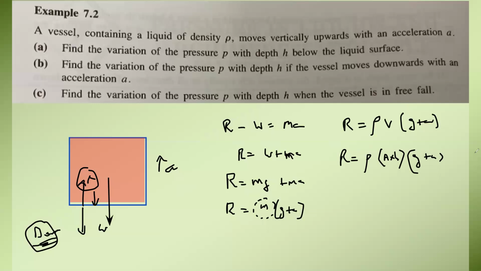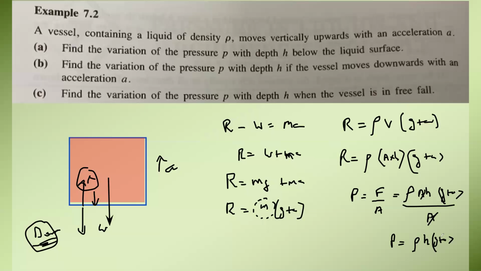And if you want to calculate the pressure, the pressure is force over area. So what is the force exerted by the liquid? The downward force exerted by the liquid is density, area, depth, g plus a, divided by A. So A will cancel with A. So what about the pressure? The pressure will be equal to density, depth, g plus a.